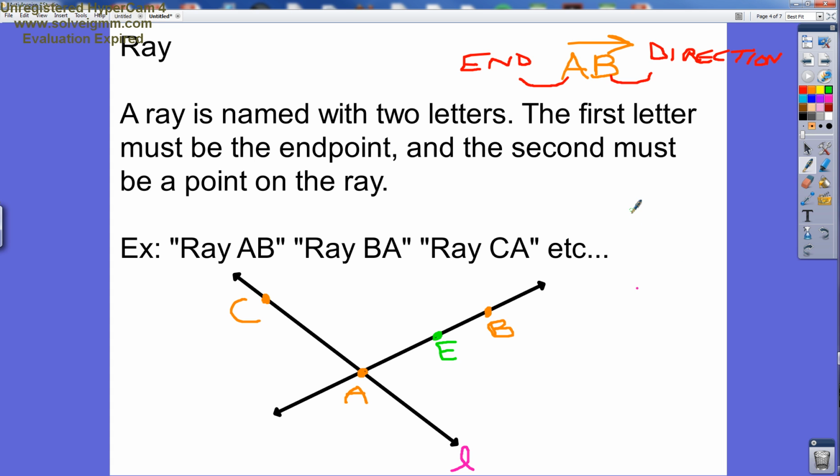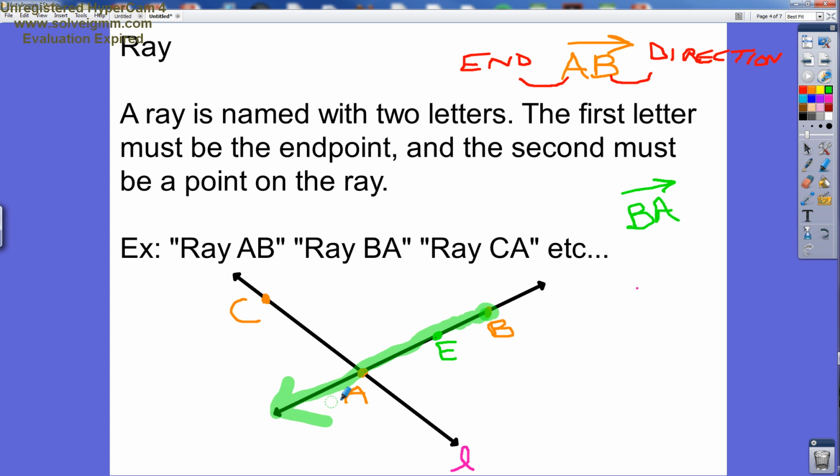So with ray BA, again, give it a hat, arrow always goes to the right, and our ray this time doesn't start on A and go in the direction of B. Now it starts on B and goes in the direction of A. So now I'm starting on B, and I'm going in the direction of A all the way out.